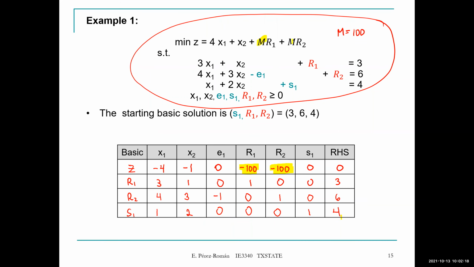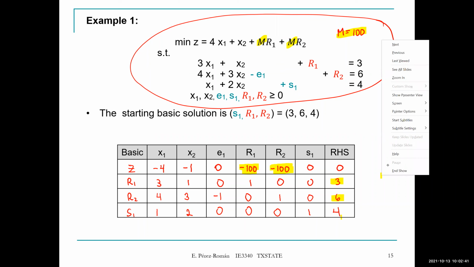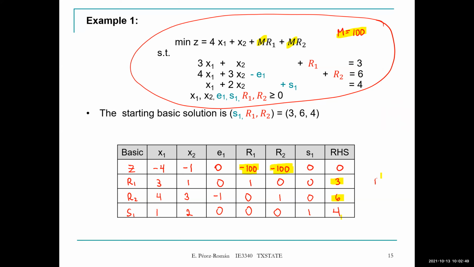Because you have these coefficients for M. And if you look at the tableau, it is not consistent. Why is that? Because the tableau is saying R1 is equal to 3, R2 is equal to 6, right? This is the solution that the tableau is showing. This is telling you R1 is equal to 3, R2 is equal to 6, and S1 is equal to 4.